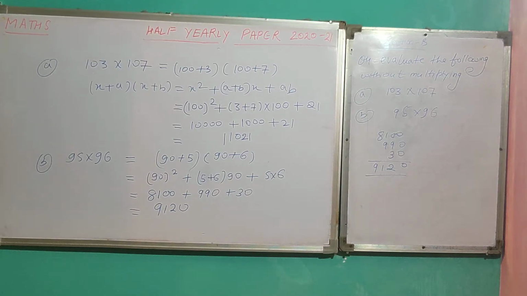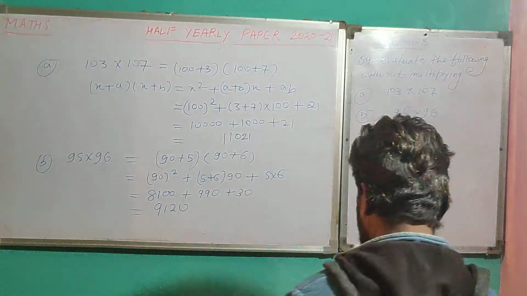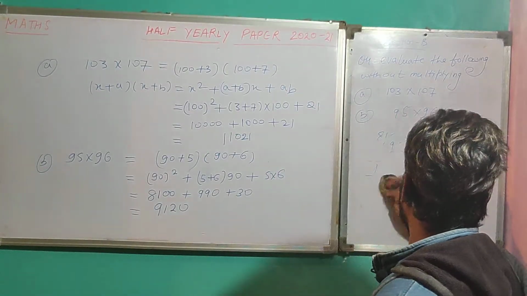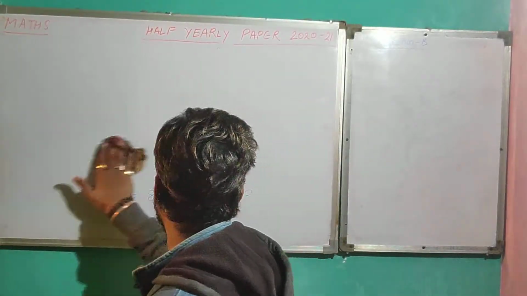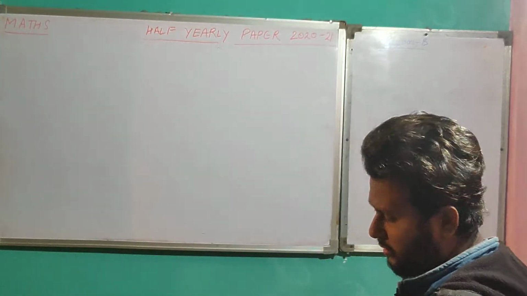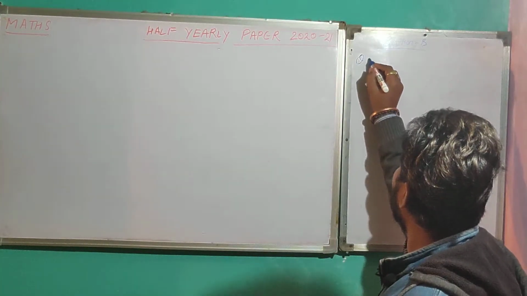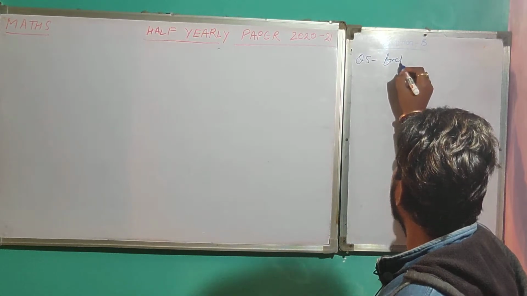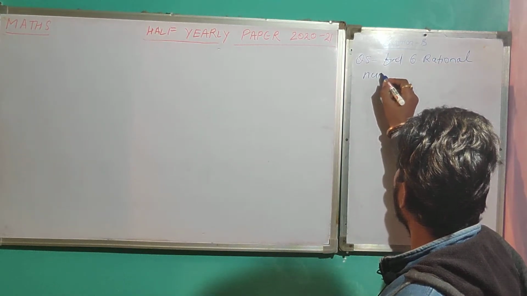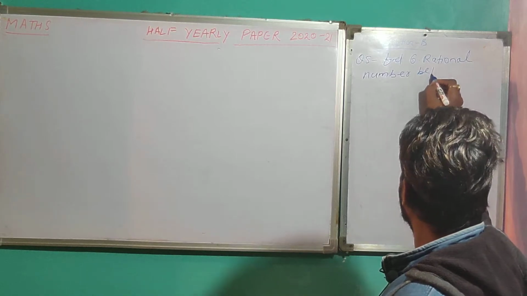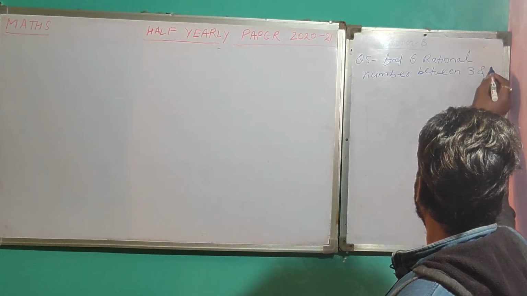Now solving the next question, question number 5. Question number 5 is find 6 rational numbers between 3 and 4.